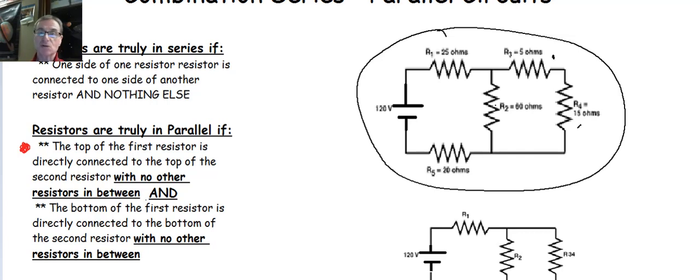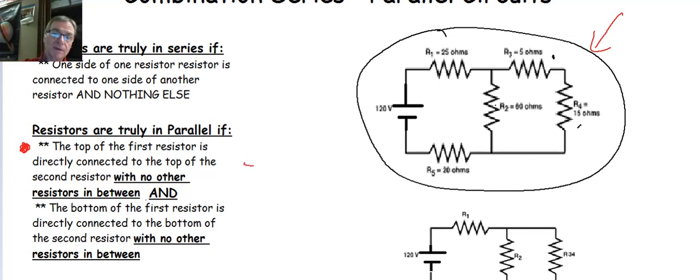No other resistors or components or anything else in between. The only thing that can be in between would be a wire. None of the resistors in this circuit are truly in parallel yet. Okay, we need to simplify it in order to get there.